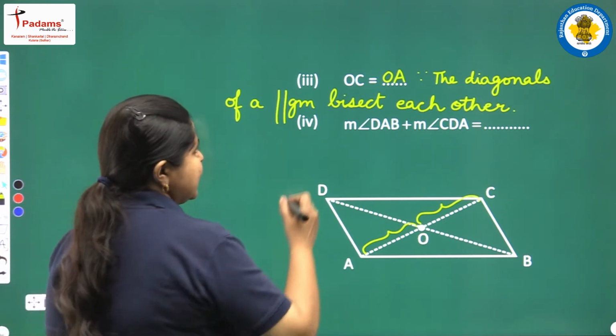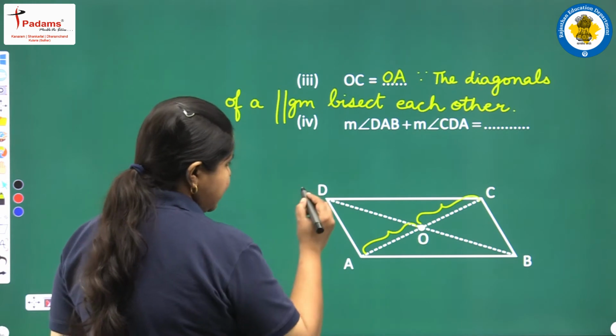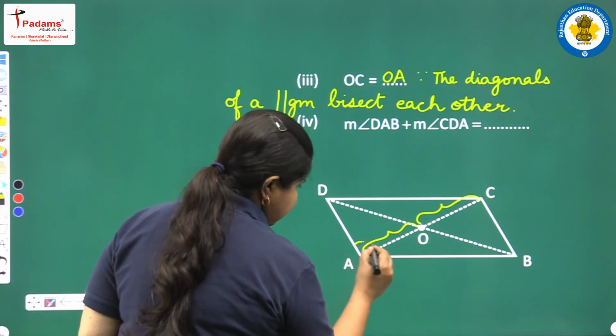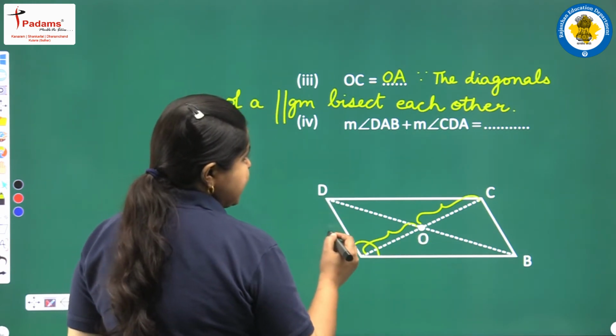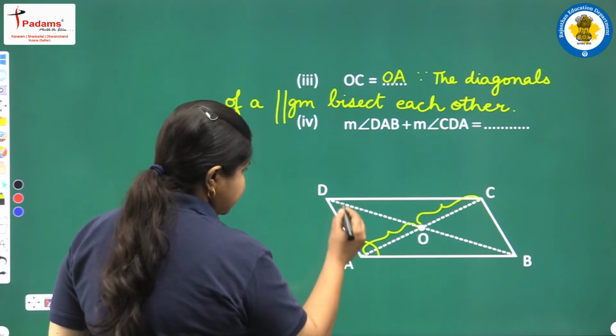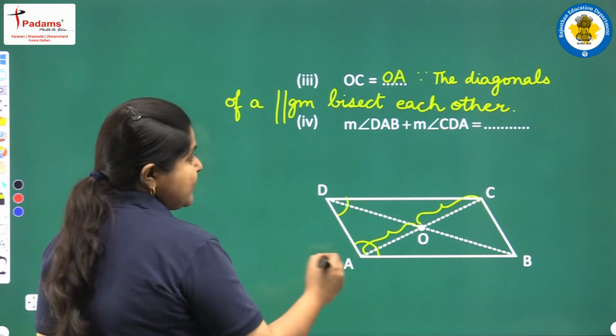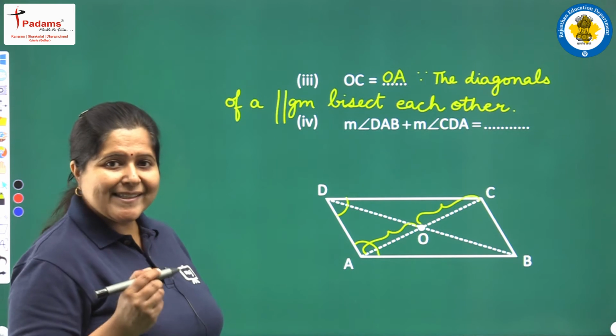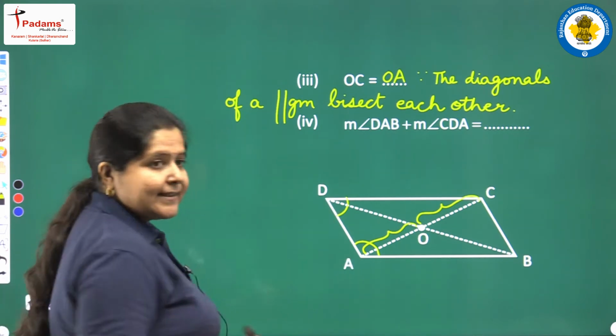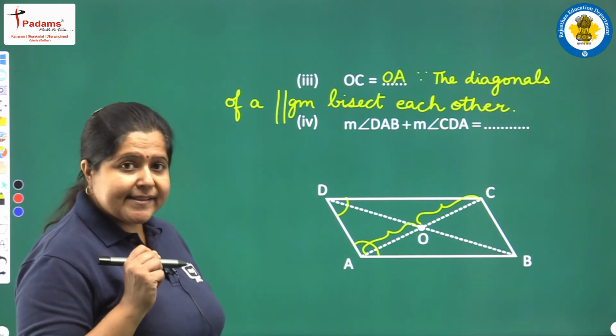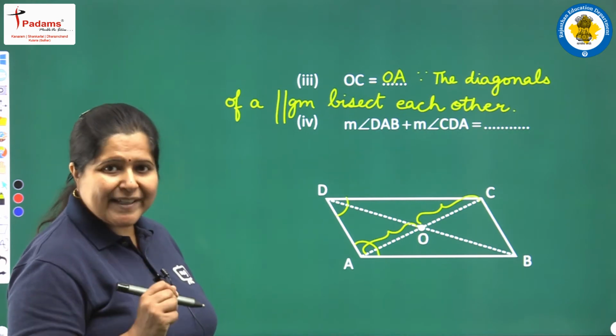Then we have measure of angle DAB, this angle, plus angle CDA, this angle. Their sum is equal to what? Clearly you can see that these two angles are the adjacent angles and the sum of adjacent angles is 180 degree.